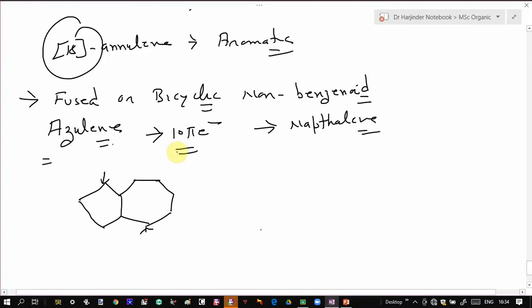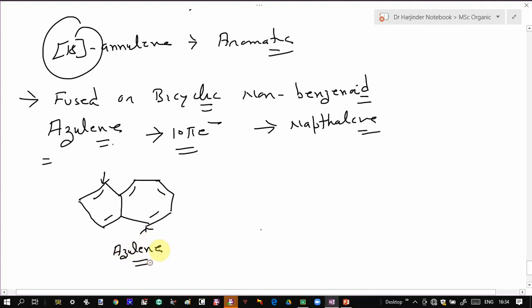So I put a double bond over here, then this position is left, a double bond over here, then this position is left, then a double bond is here, then this is left, a double bond is here. Now you can see it is a fully conjugated system. All double bonds are present at alternating positions. So this molecule is azulene.